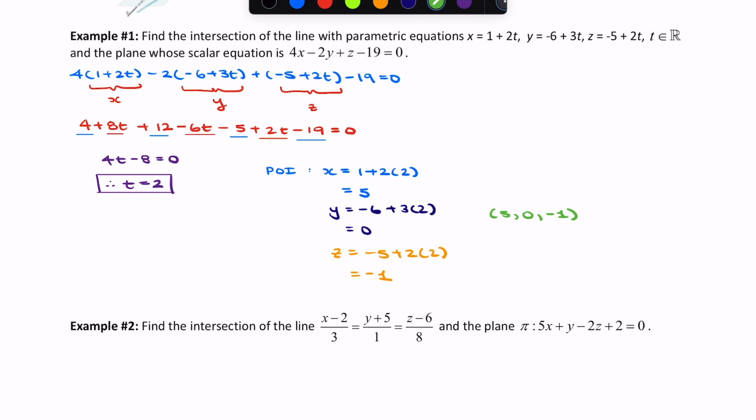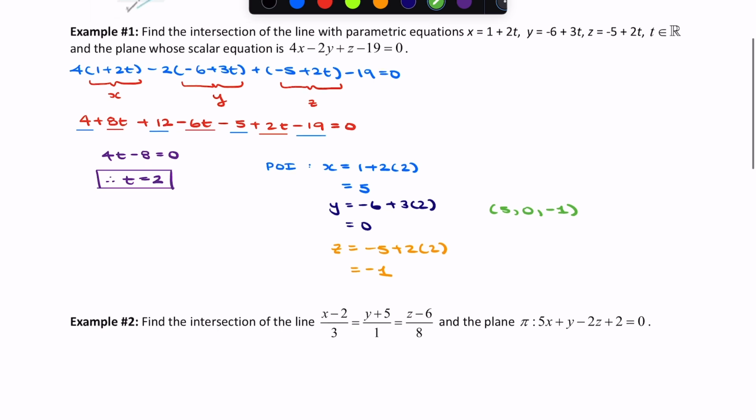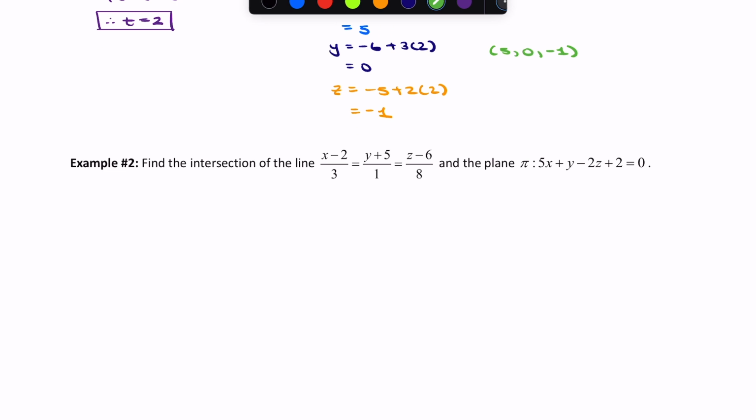Example number two says find the intersection of the line (x minus 2) over 3 is equal to (y plus 5) over 1 is equal to (z minus 6) over 8, and the plane 5x plus y minus 2z plus 2 is equal to 0.